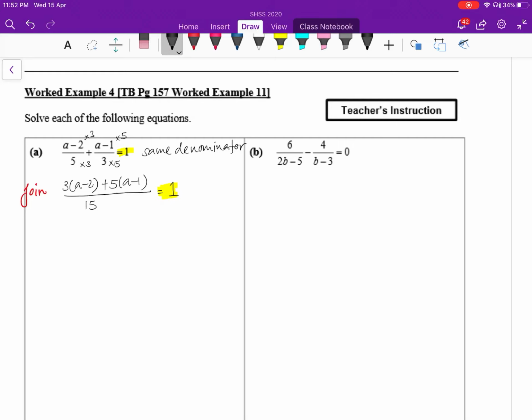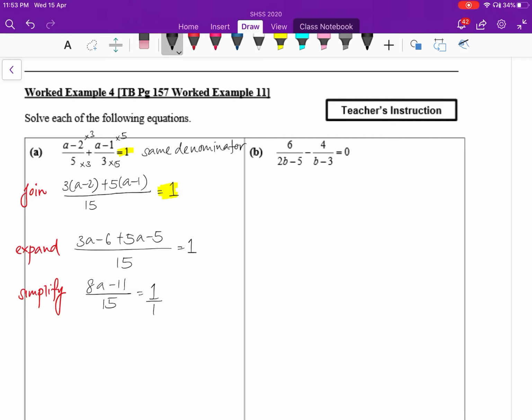Alright, now after you join, you expand, which is 3a minus 6 plus 5a minus 5 over 15 equals 1. Join, expand, last one, simplify the algebraic fraction. 3a plus 5a is 8a, minus 6 minus 5 is minus 11 over 15 equals 1.